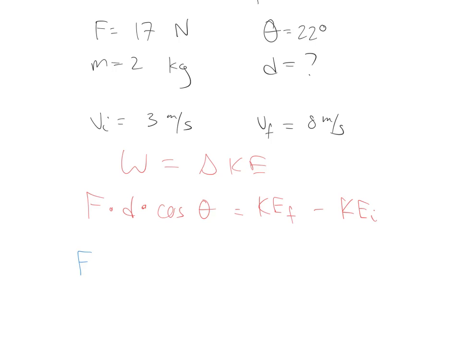So F is the force applied, D is the distance, theta is the angle. This is 1/2 mvf squared minus 1/2 mvi squared. The only thing that's unknown is D. That's it. All right, there's your only unknown, D.